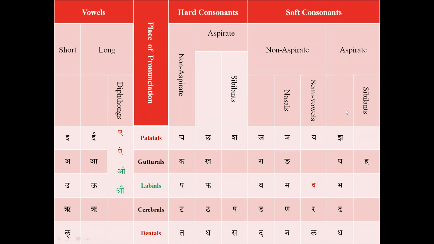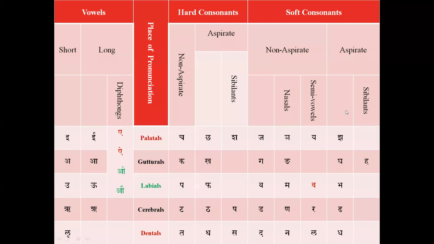So let me give one word now. Taking the letter Ba. The varna is Ba. What is Ba? Where is Ba? Which class is that Ba? Labial. Labial.